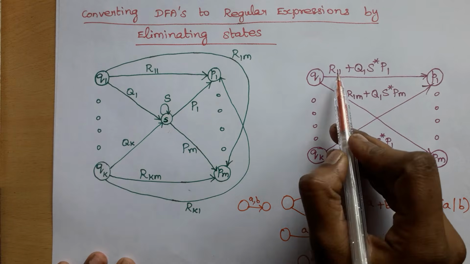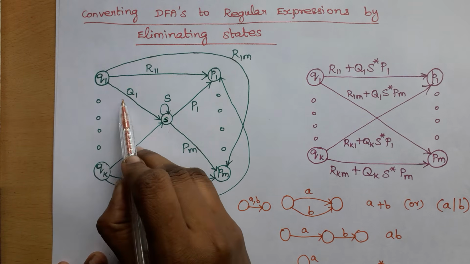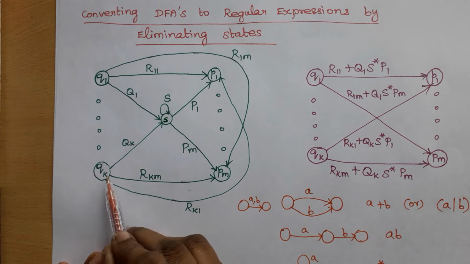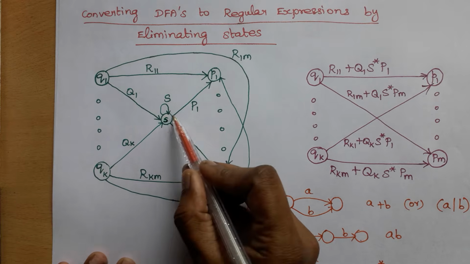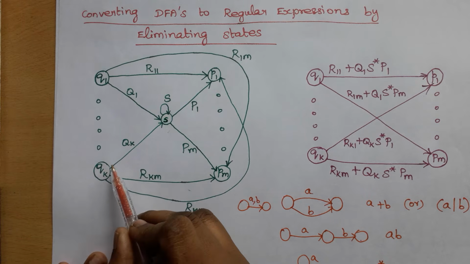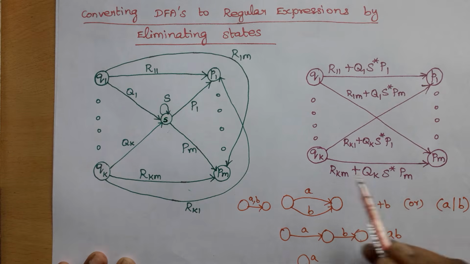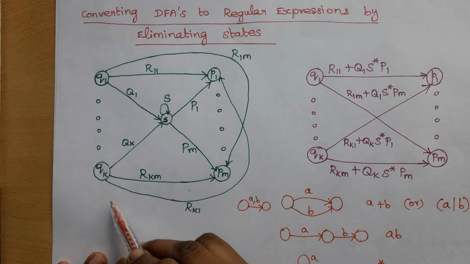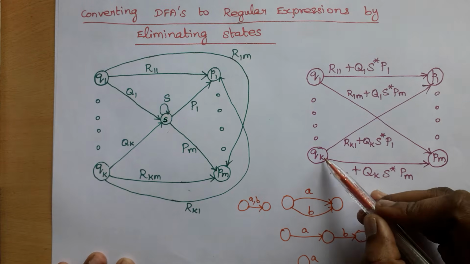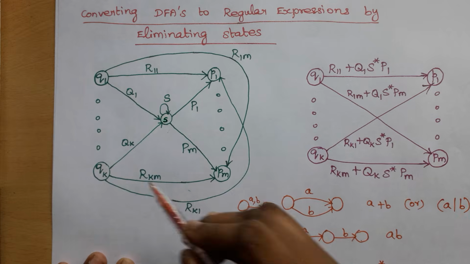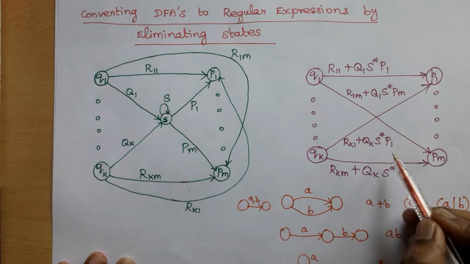So R11 plus another path, Q1 S star P1. Similarly, here RKM plus this path, so QK S star PM. Then we have a path from QK to P1; this arc is labeled by RK1 plus QK S star P1.